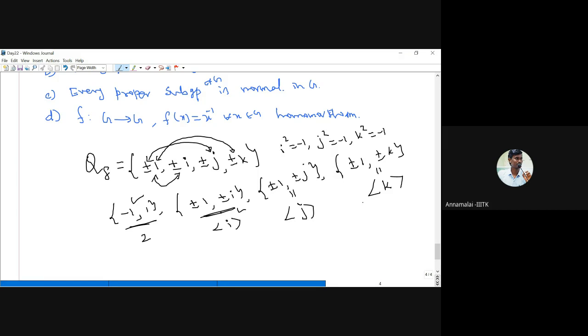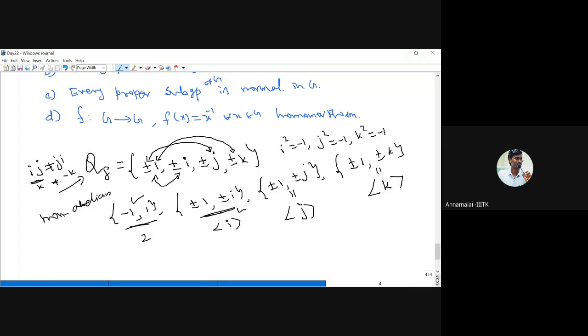Therefore, every proper subgroup is a cyclic group, but the group is not cyclic. This quaternion group is actually a non-abelian group. So every non-abelian group is non-cyclic. If it were cyclic, and we know that every cyclic group is abelian, this group would become abelian. But we know that this is a non-abelian group. Why? i into j is not equal to j into i, because i into j is k, but j into i is minus k.